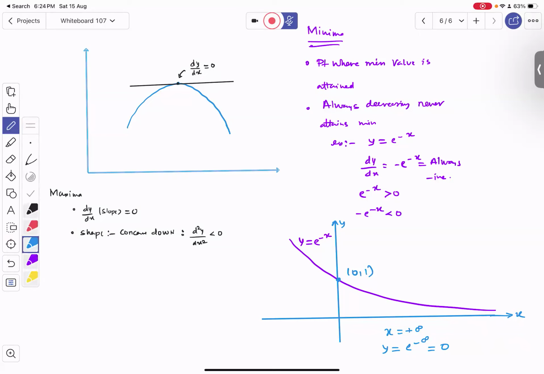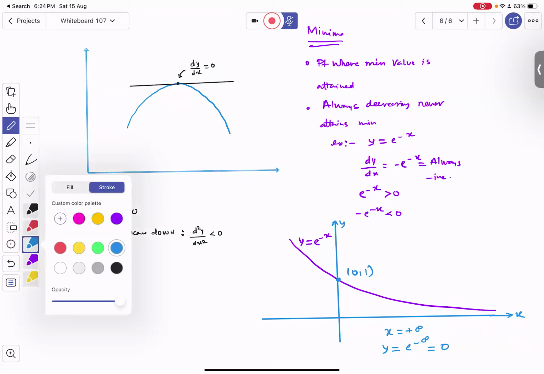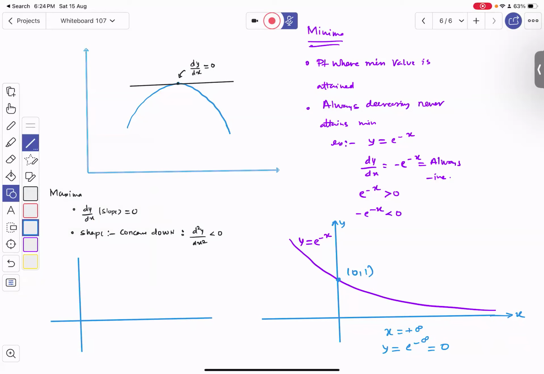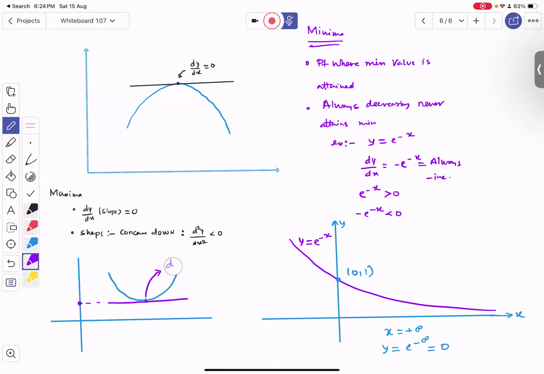So for a function to attain minima, always increasing or always decreasing will not do the job. For it to attain minima, it must decrease, then it should start increasing. And wherever it has stopped decreasing and started increasing, there the function will have its lowest point. And there again, you will find the slope to be 0, means dy by dx is 0.